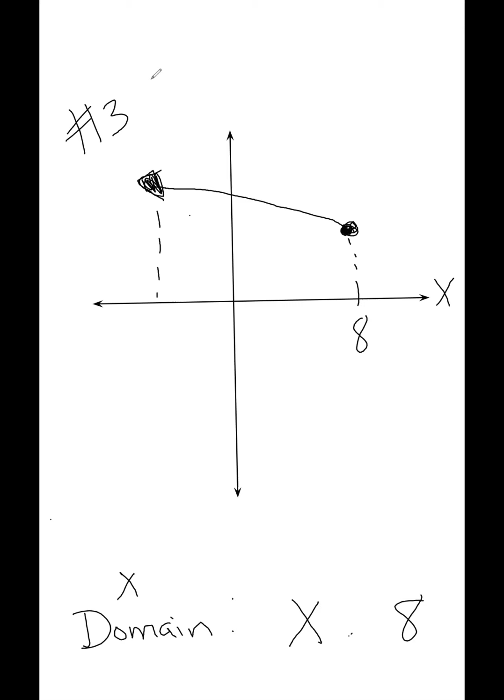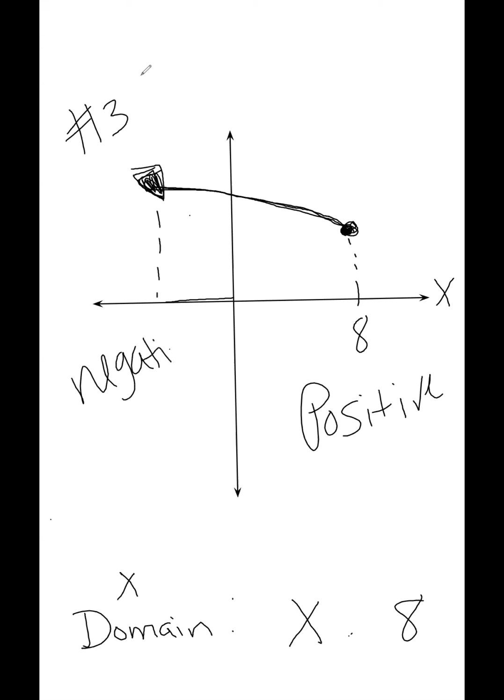Now what we need to determine, is it going to get the less than sign or the greater than sign? Is x getting less than 8 or is it getting greater than 8 when we're going this way? It's shooting to the left. Remember that on this side of the x-axis, that's positive numbers. But if we're going this way, those are going to be negative numbers.